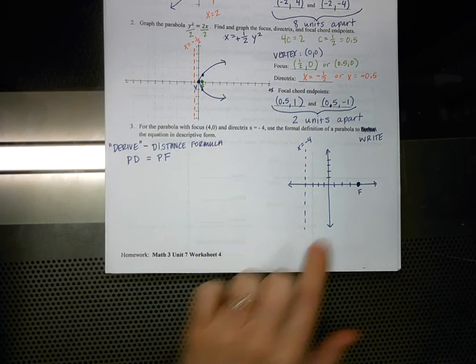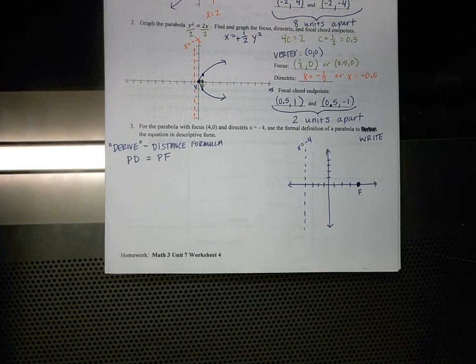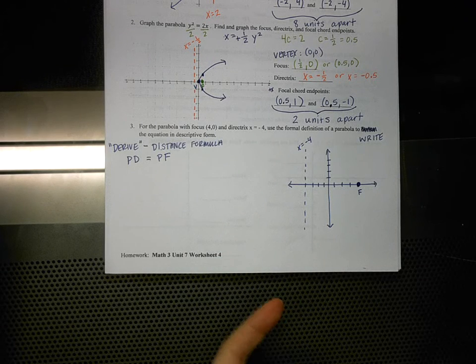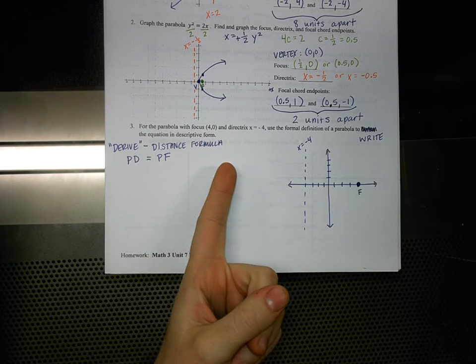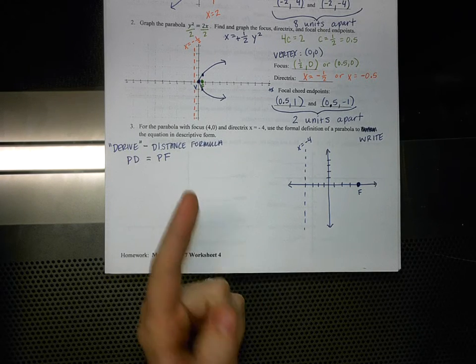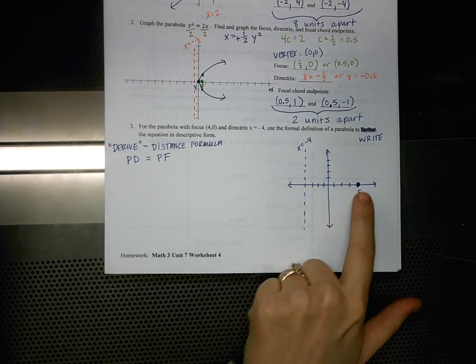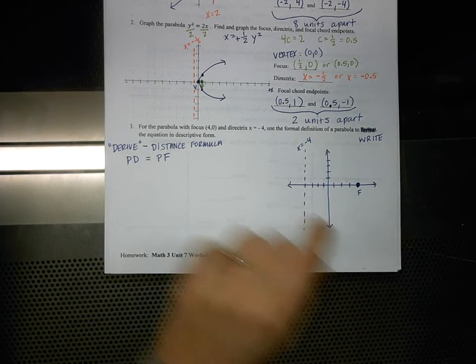Where's the vertex of this graph? Probably 0, 0 because all the other ones were, right? But why would it be 0, 0 for sure on this problem? We're not given the shift, but we're not given the equation either, so we wouldn't be able to tell if we were given the shift. It's equal distance from the focus and the directrix.